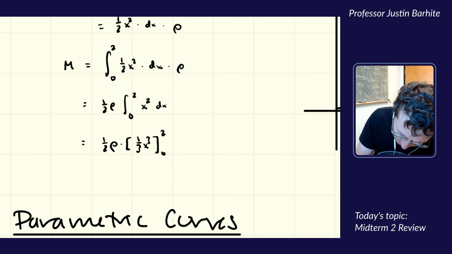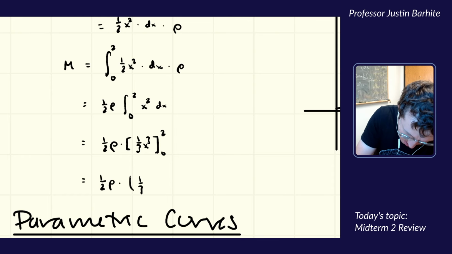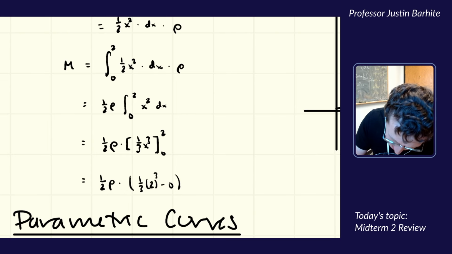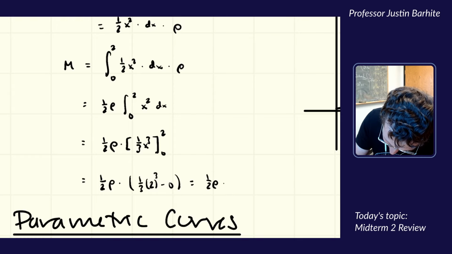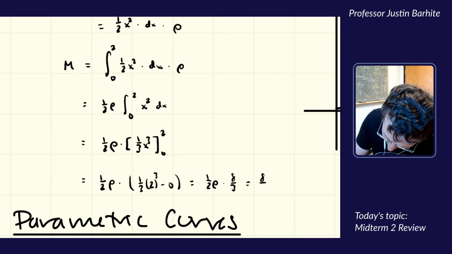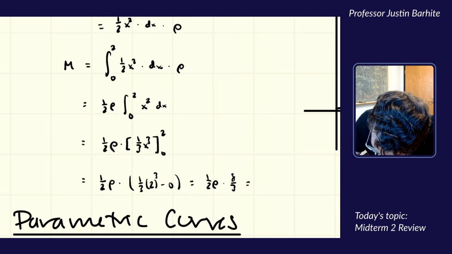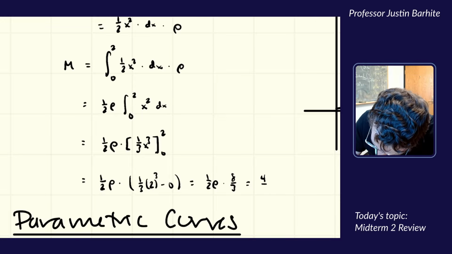We're integrating from 0 to 2. I plug in 2. When I plug in 0, I get 0. So I get 1/2 rho times 8/3. Sorry, that simplifies. Actually, that's 4/3 times rho.